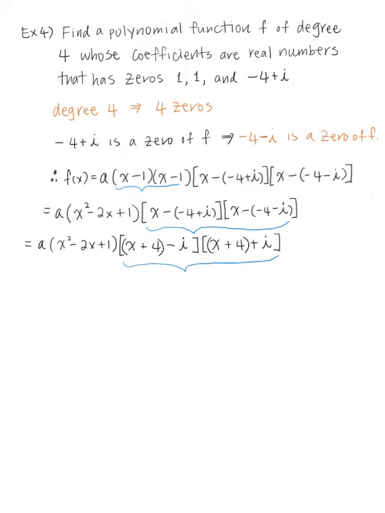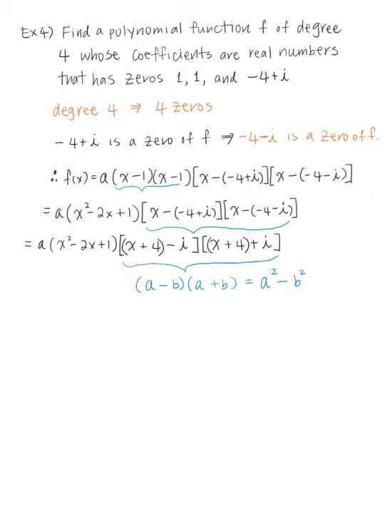Now, if you remember the difference of two squares formula, it says that a minus b times a plus b is going to be a squared minus b squared. Do you all remember that formula? If you don't believe it, you can just FOIL it out.